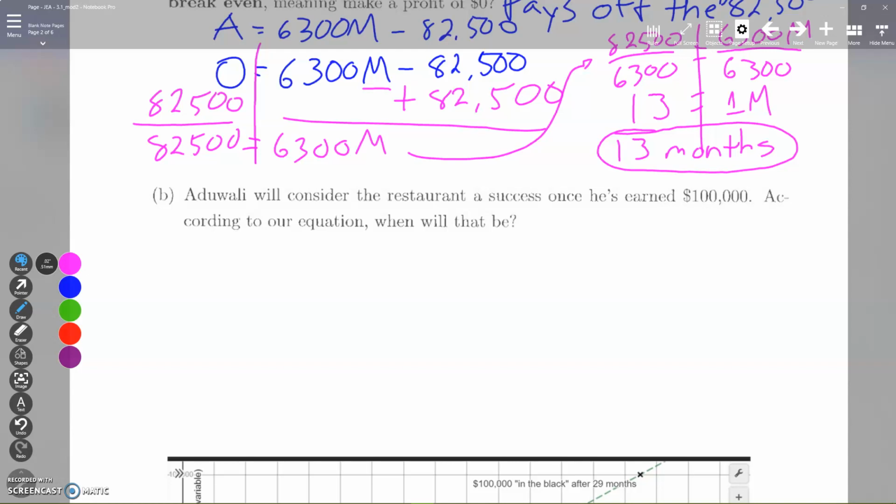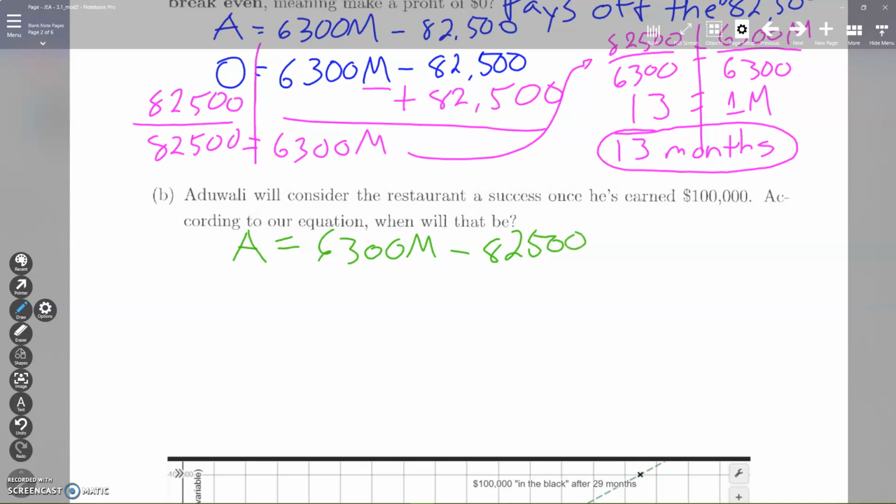So we can again start with our equation. A equals 6,300 times the number of months minus that $82,500 startup cost. And now we're going to take the $100,000, and just like we did with the zero, we're going to put that into the amount. We want to know, when will he be $100,000 ahead?